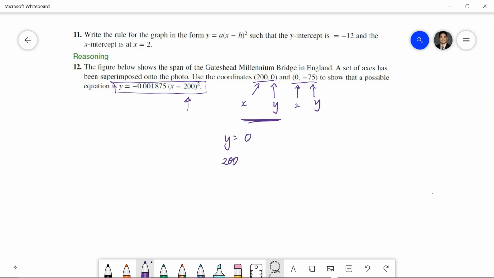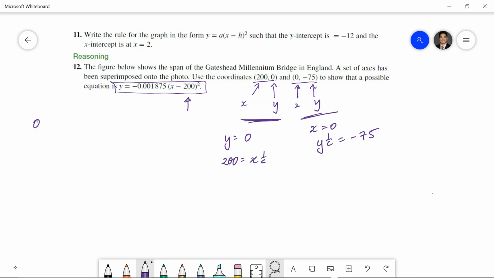Therefore, the 200 is the x-intercept. Okay, and then with the second set of coordinates, x is made 0, which is stating then the y-intercept is negative 75. And all we need to do is just prove that to be the case when we substitute those values across.